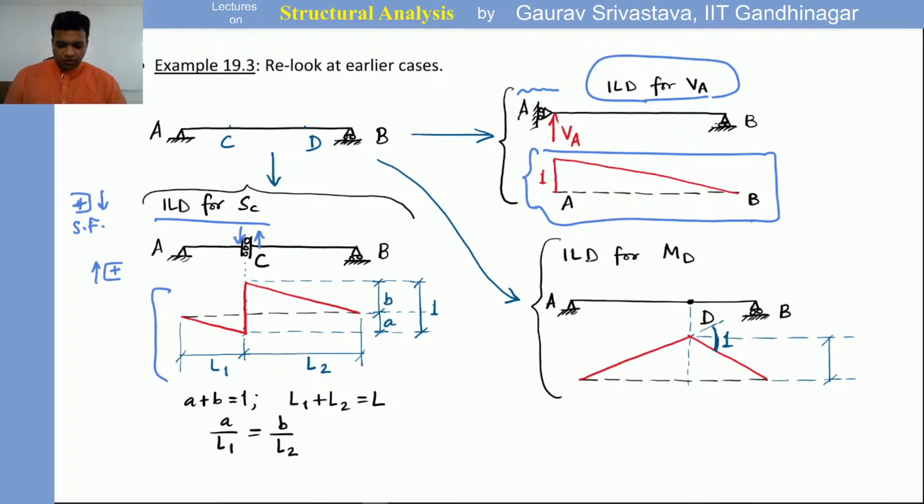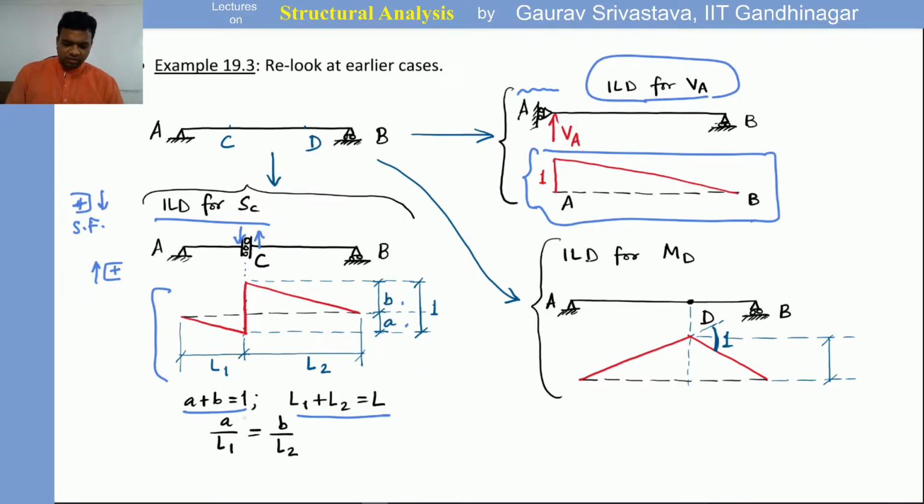Now, this will give a qualitative sense, but if you want to quantify, we know that A plus B will be equal to 1 because the total displacement given is 1. We also know that L1 plus L2 is L, where L1 is the location of point C and L2 is just L minus L1.